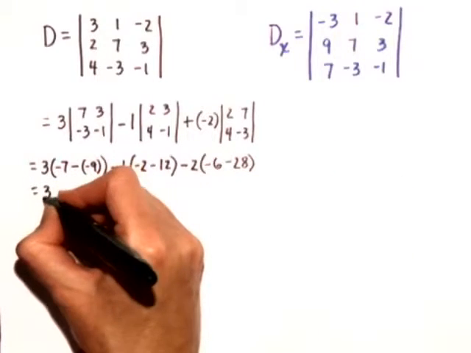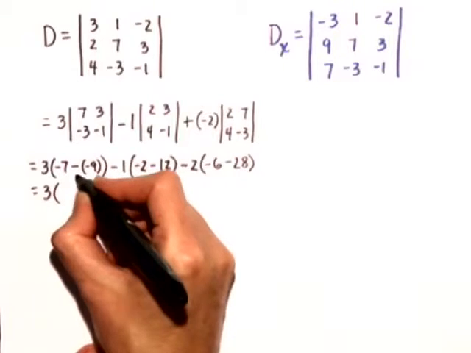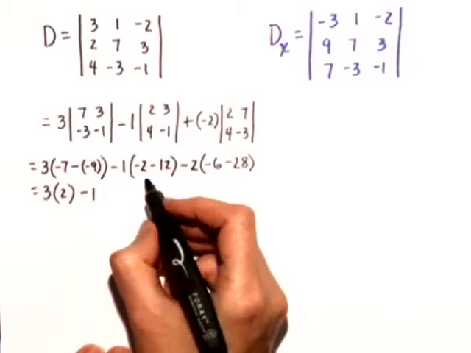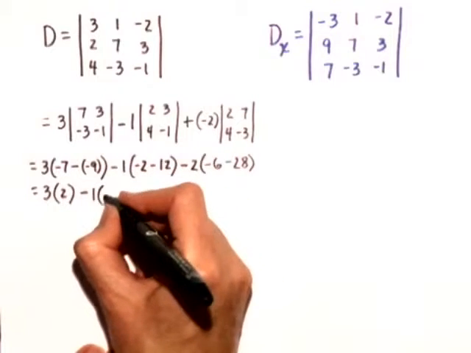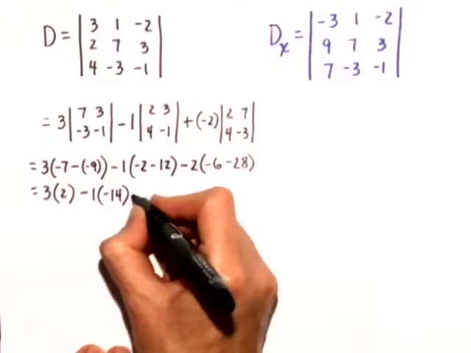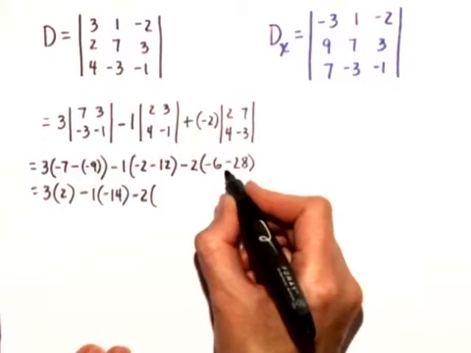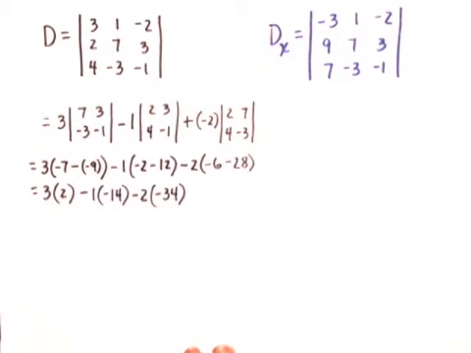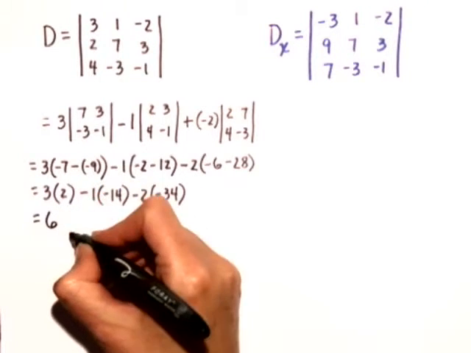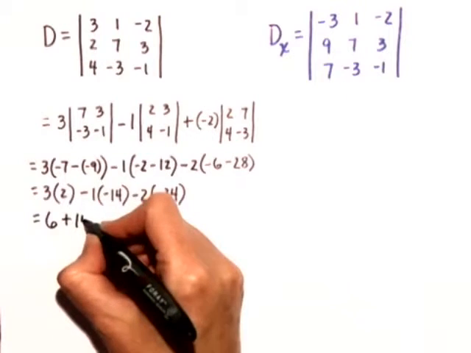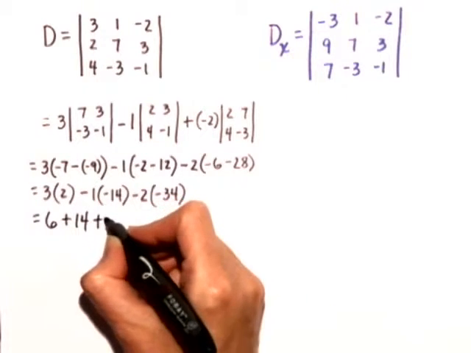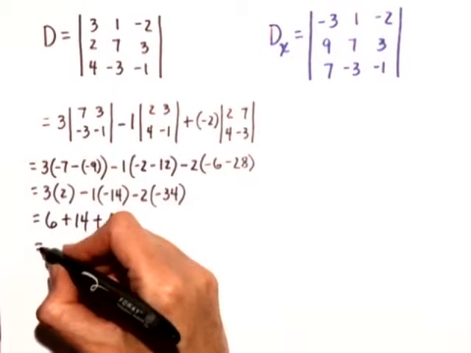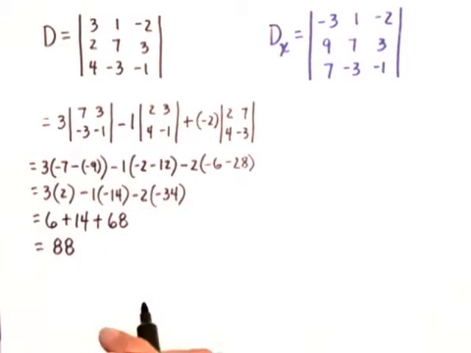Which equals 3 times negative 7, that becomes plus 9, which is 2, minus 1 times negative 2 minus 12 is negative 14, minus 2 times negative 6 minus 28 is just negative 34. This simplifies to 6 plus 14 plus 68, which is 20 plus 68, or 88.